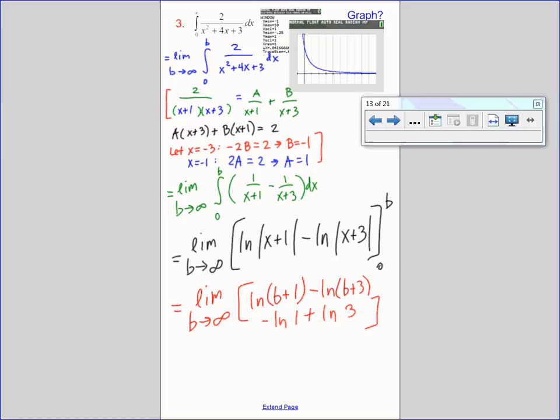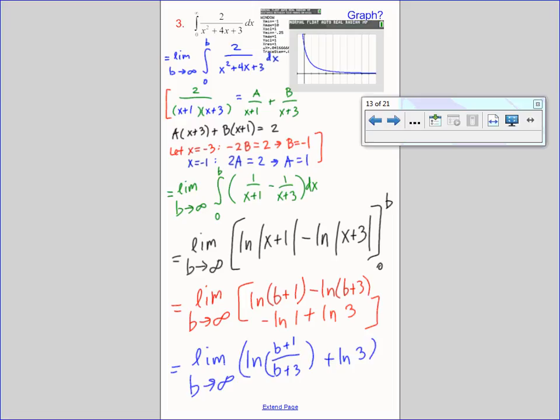A difference of individual logs can be rewritten as a single log of a quotient where it's first over second. Let's see if that helps us. So I'll rewrite this as ln of a quotient, b plus 1 over b plus 3. Yes? ln of 1 is 0, so I'll forget about that, plus ln 3.